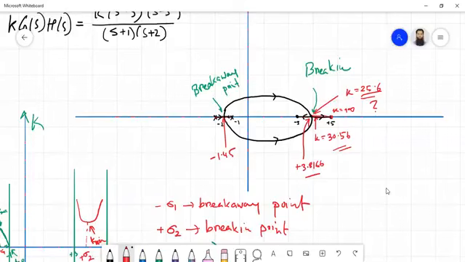So we can actually find out the breaking points, and then we can directly join them in a circular fashion. You can take this one as a diameter, and then draw a circle like this. So that will be your root locus.